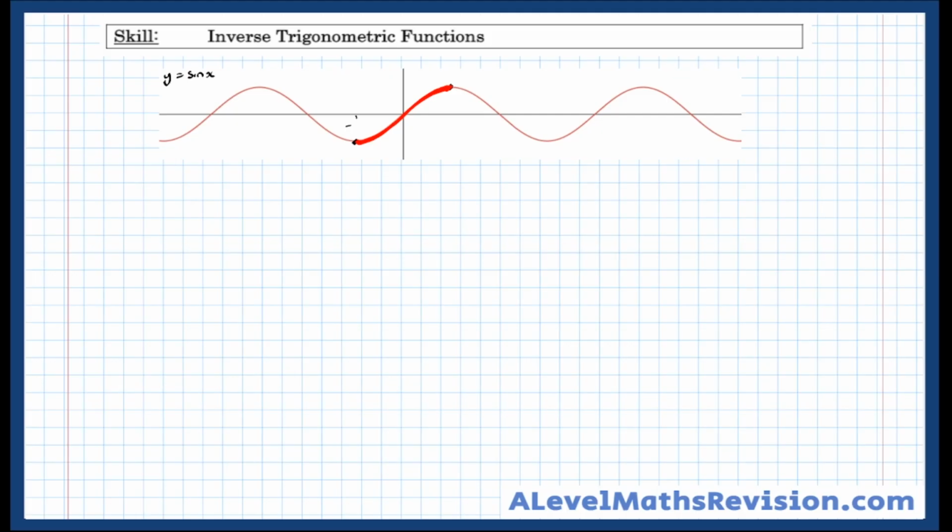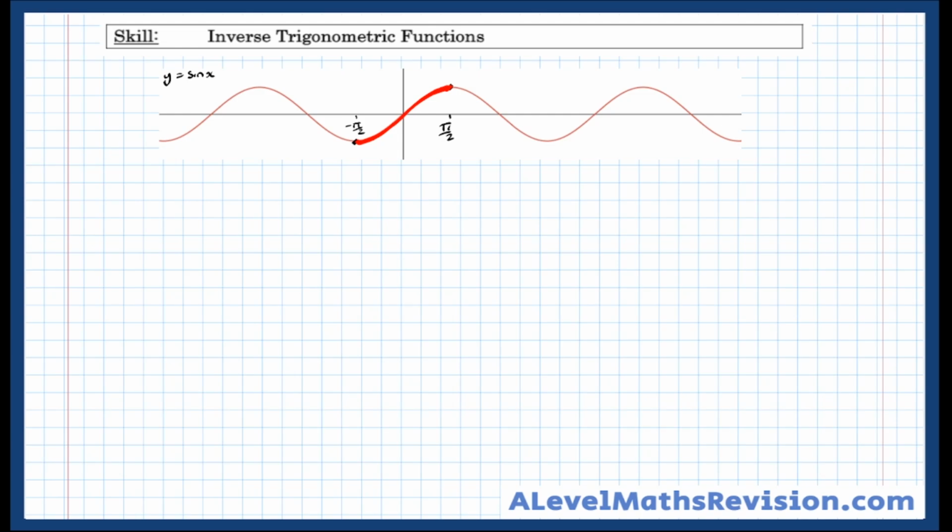And now if we perform a horizontal line test, we'll see that it only cuts in one place. If this boldly highlighted curve is now the new sine curve, limited to between minus pi over 2 and pi over 2, that only ever cuts in one place, therefore it's a 1 to 1 function, therefore has an inverse.